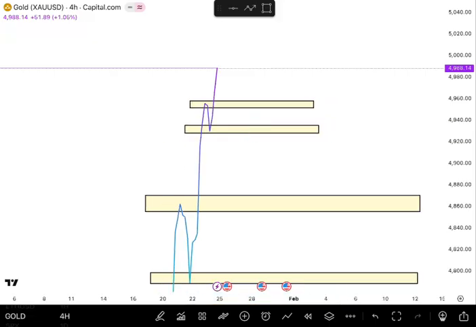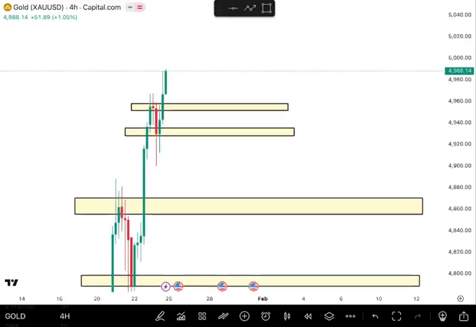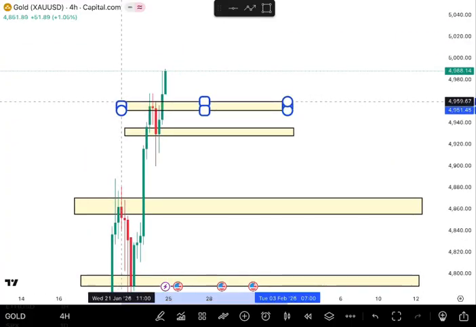You open the candlestick and make the zone precise.